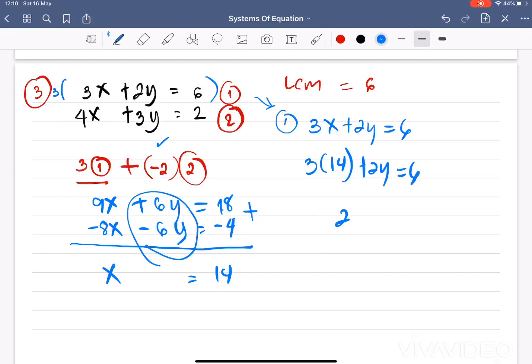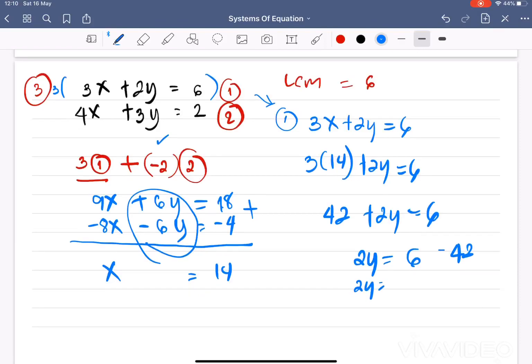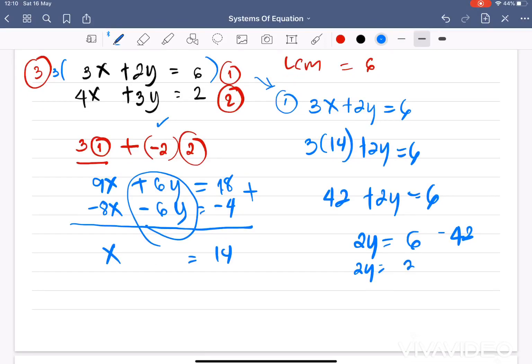So I have 12 carry 1, 42 plus 2y is equal to 6. So 2y is equal to 6, transpose 42, minus 42. 2y is equal to negative 36. And then we will divide both sides by 2 as the coefficient of y. So y is equal to negative 18.